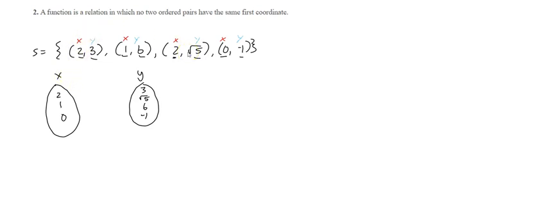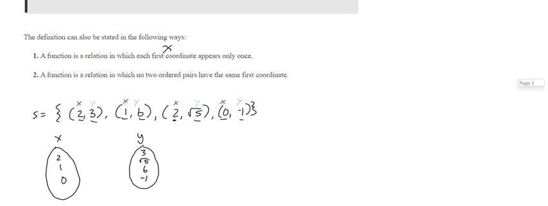Now, as you can see from what it states right here, a function is a relation in which the first coordinate appears only once. Well, obviously you can already tell the 2, so this is already not a function, but I'm going to show you why. A function is a relation in which no two ordered pairs have the same first coordinate.